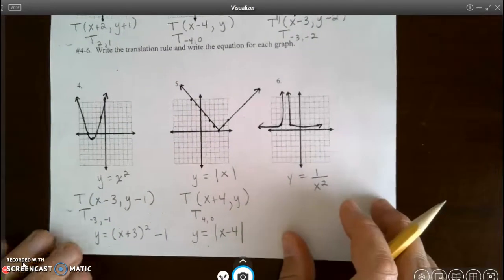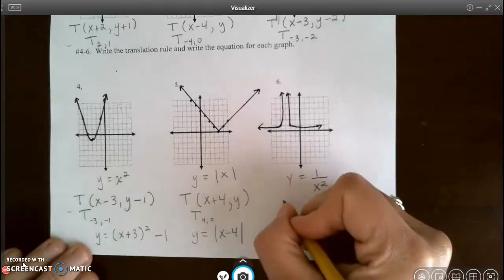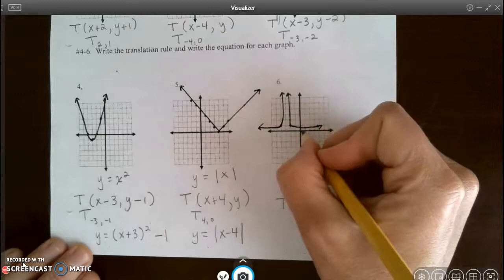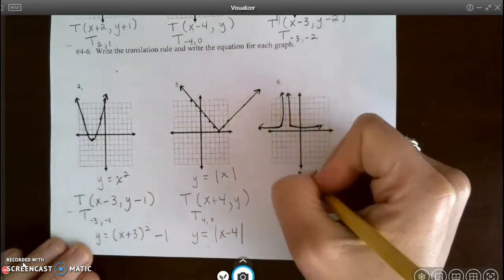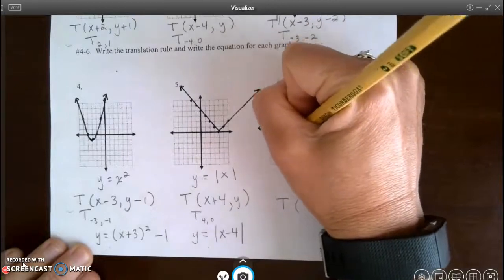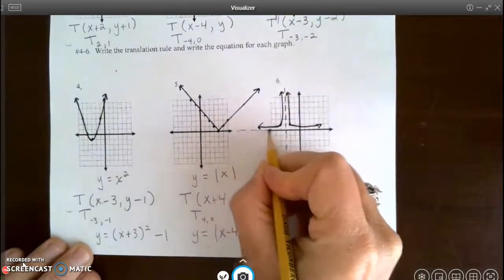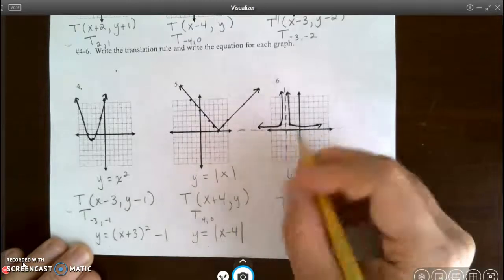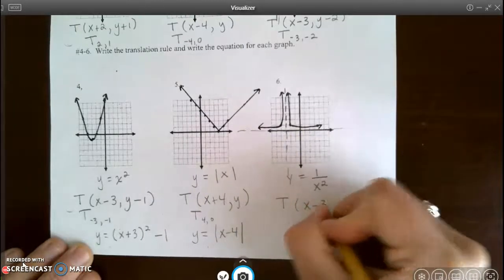And my last one here, number 6. My translation rule, let's see what I'm going to get here. Normally, 0, 0 would be where my asymptotes go through. I notice that my asymptotes are here. So they're 1, 2, 3 to the left, so x minus 3.